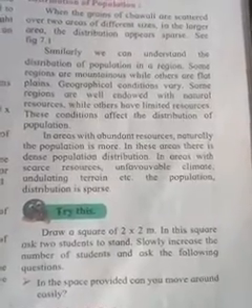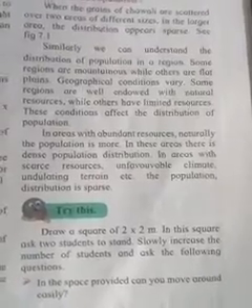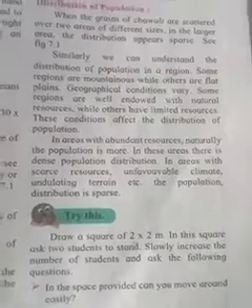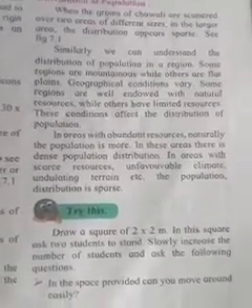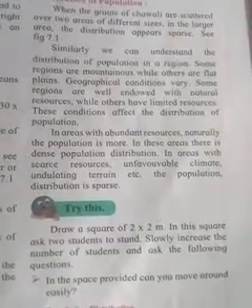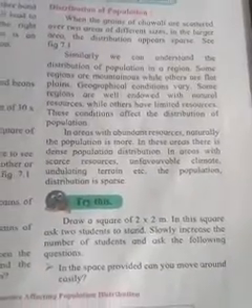In these areas there is a dense population distribution. In areas with scarce resources, unfavorable climate, undulating terrain, etc., the population distribution is sparse.